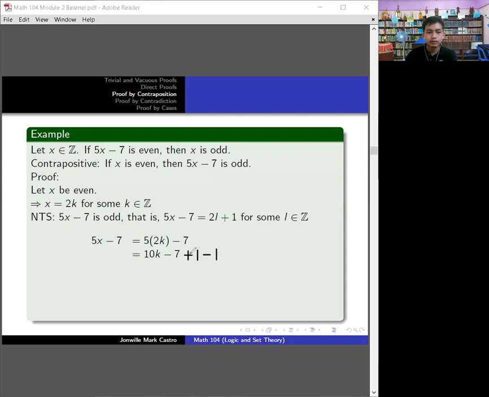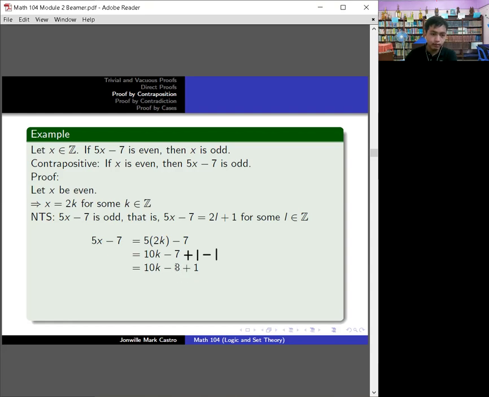Okay? So, itong plus 1 minus 1 is 0 lang din siya. So, we can write it as 10k minus 8 plus 1. So, yung minus 1 na isa, pupunta siya, mag-add siya dito. So, we have 10k minus 8 plus 1.